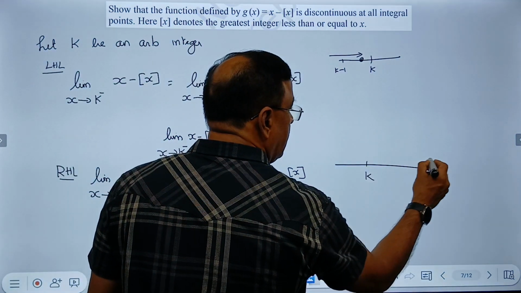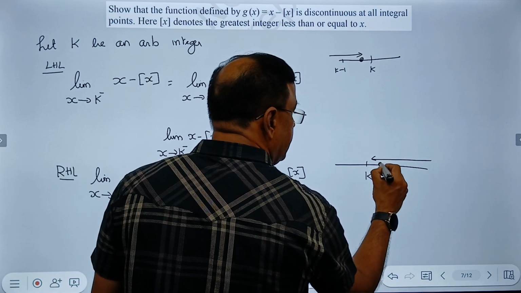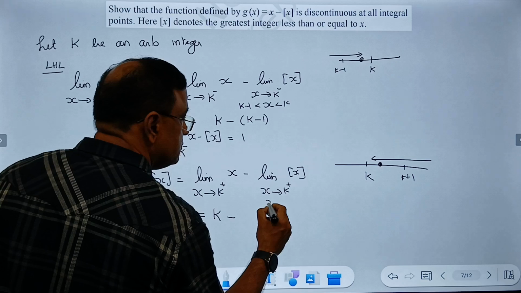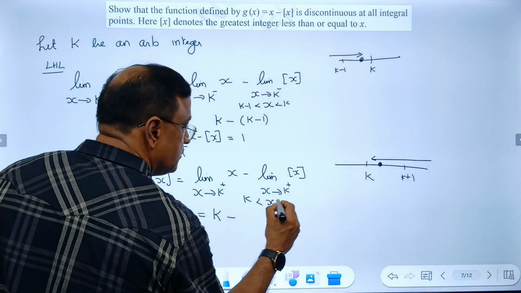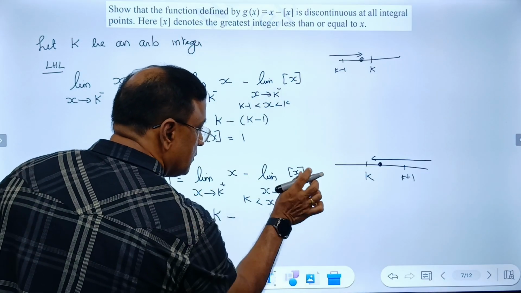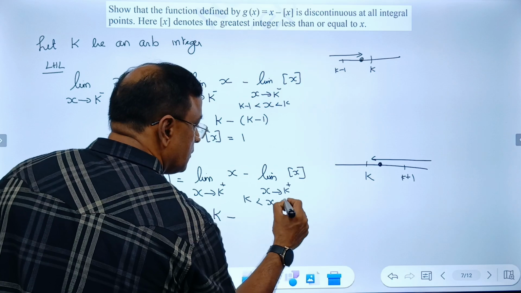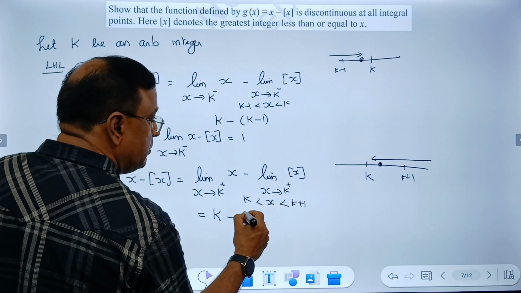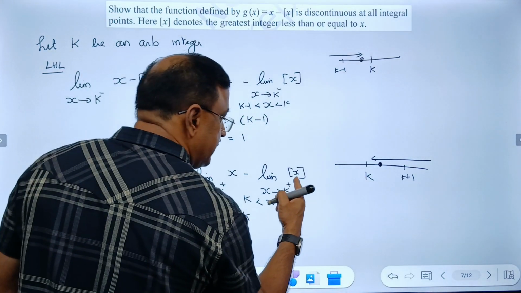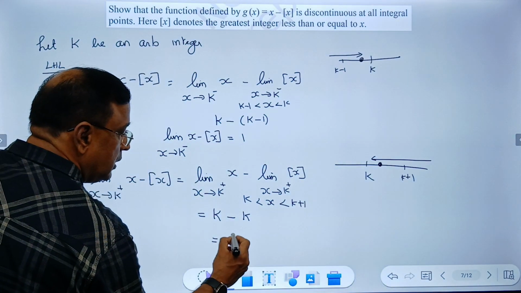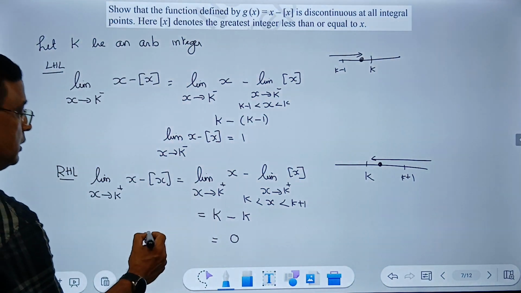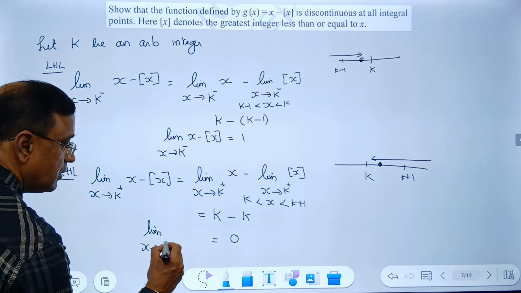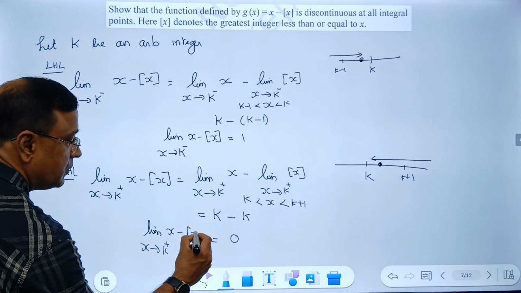I am going to k from the right hand side, so my x values will lie between k and k plus 1. Correct? So which is the lower value? The lower value will be k. So the greatest integer value will be k. So it is 0. So clearly you can see your right hand limit is k minus k, which is 0.